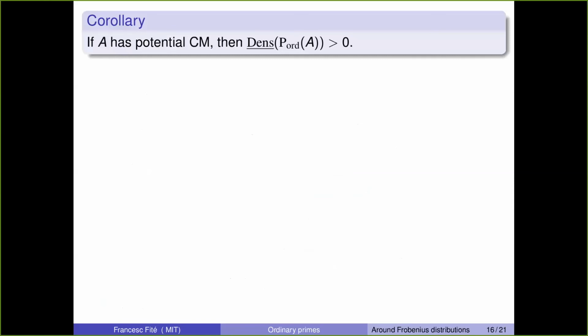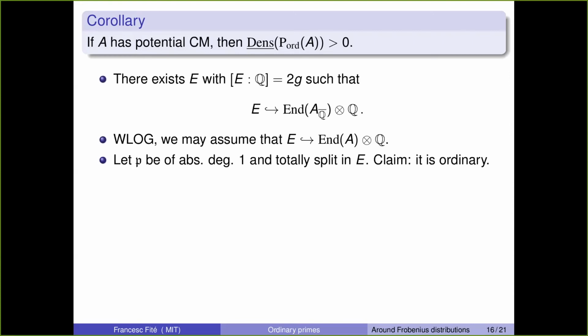So how do lambda-adic representations connect to the problem that concerns us, the abundance of ordinary primes? Well, the mere existence of these representations as O_E integral, or in fact as irrational, implies the conjecture for abelian varieties which have potential complex multiplication. And I will explain to you why.